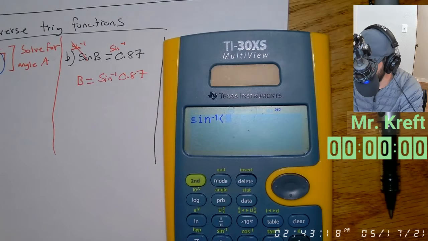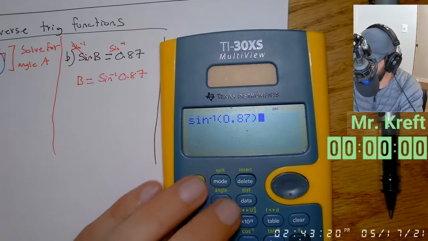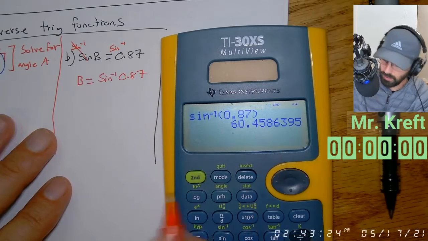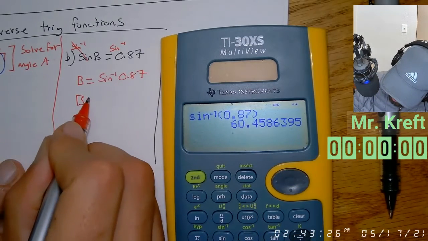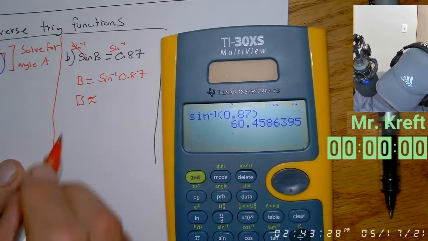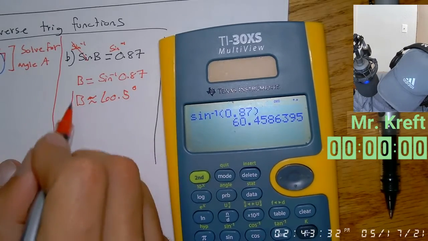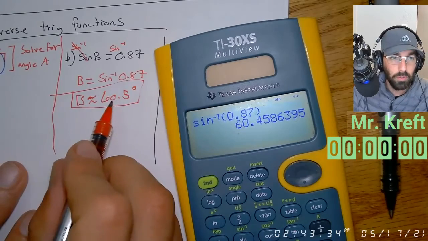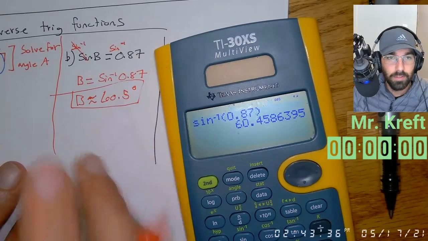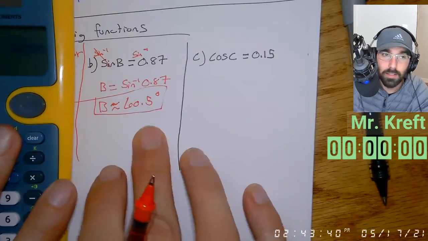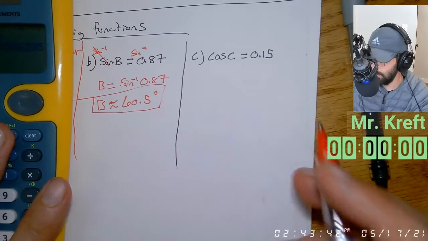I'm going to round to the first decimal. The next digit is 5 or higher, so I get angle B is approximately 60.5, and then you have to put the degree symbol up there. So 60.5 degrees. Again, if you don't have the degree symbol, it's not the right answer.